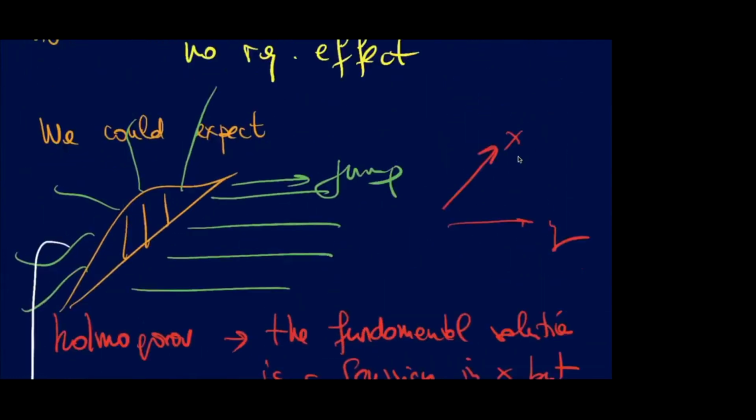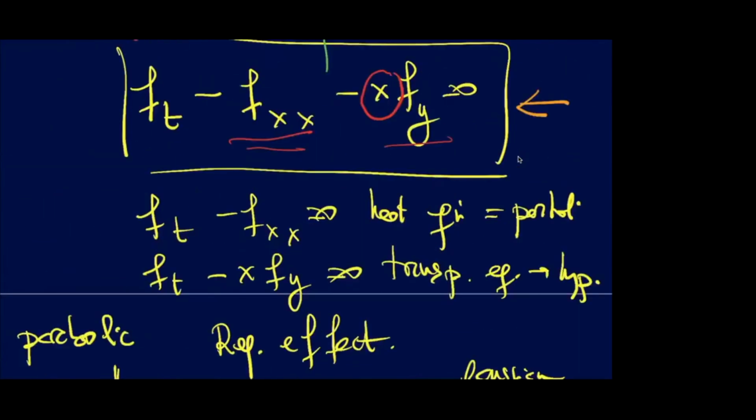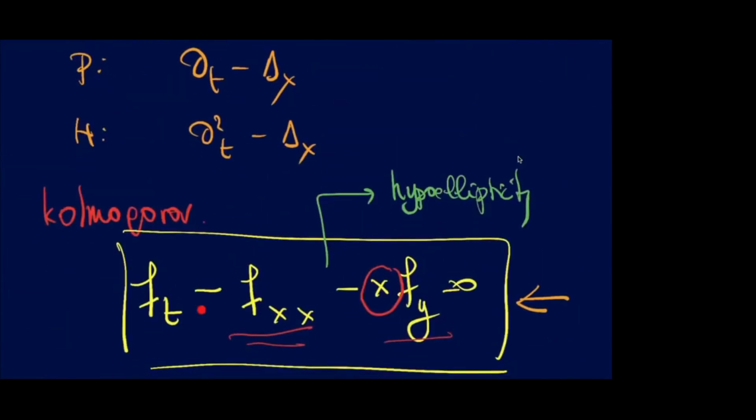So you see here, what was the point of view of Kolmogorov? Kolmogorov was looking at this model: one operator, another operator, and the combined effect leads to something surprising.